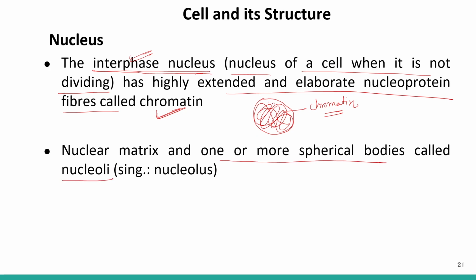The liquid substance present inside the nucleus is called nucleoplasm, or nuclear matrix. And the spherical bodies that are also present are called the nucleolus.